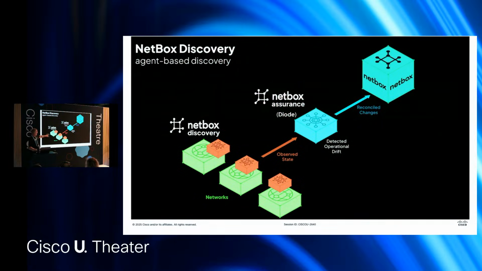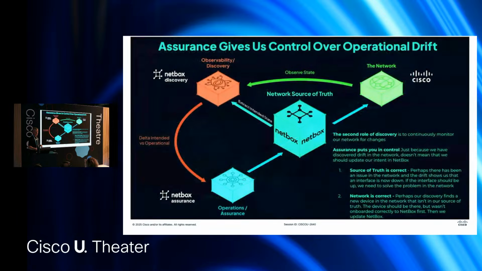Now, as I said, we're using an agent-based model here, so we can have different agents doing different things in different parts of your network, all on a schedule that you might want to configure to suit your requirements. But ultimately, they're all sending data of this observed state back to NetBox, and this is where we can then start to check what that state is and if it aligns with our actual intent.